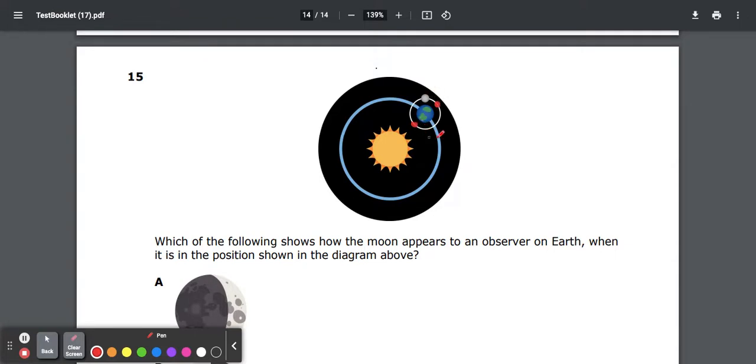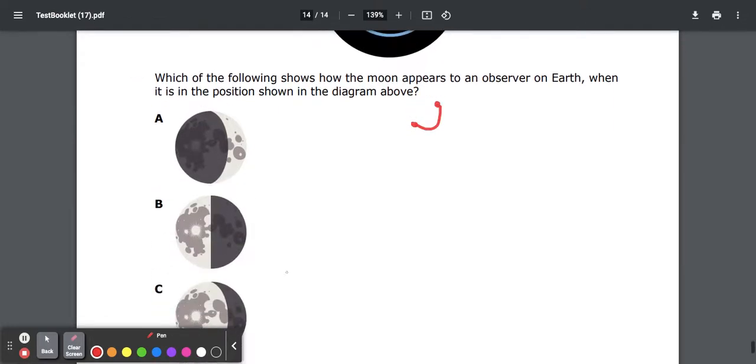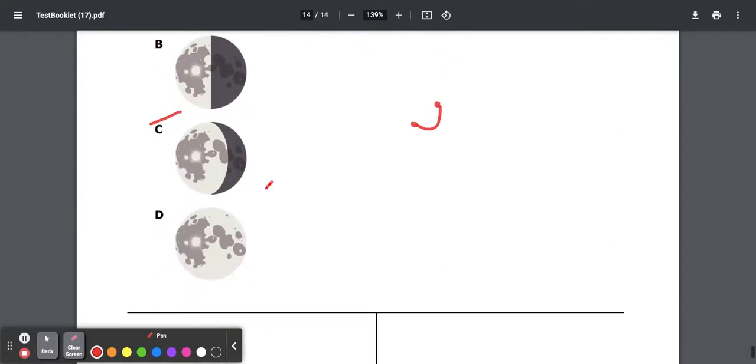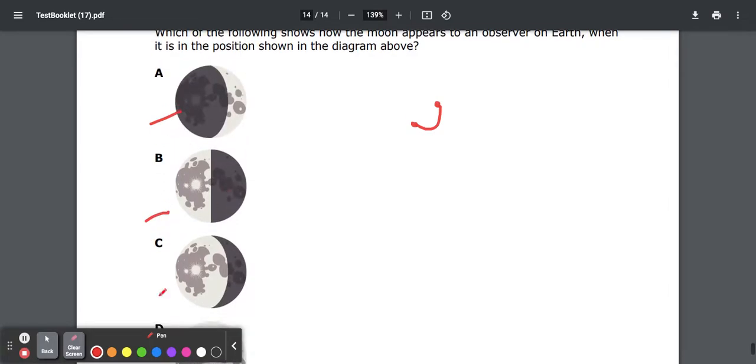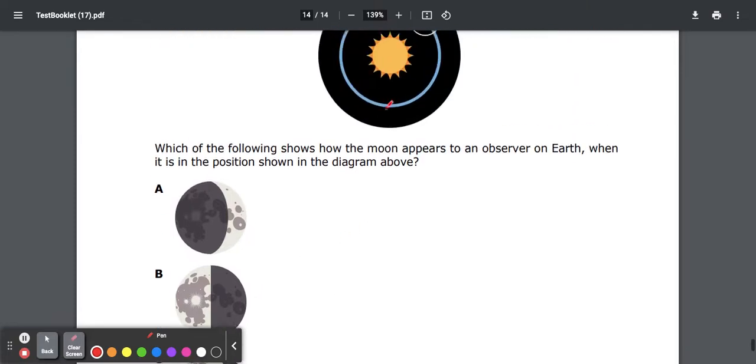If I'm going from here to here, it's waxing, so the light would be on the right. So it's definitely not going to be waxing. It's going to be waning. So anything where the light is on the right, I can cross off. If I go down here, light is on the right. It's not a full moon, so I can cross those off. That leaves me with B and C.